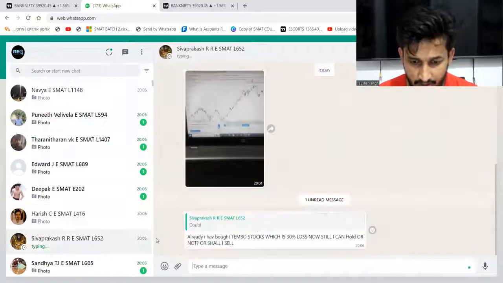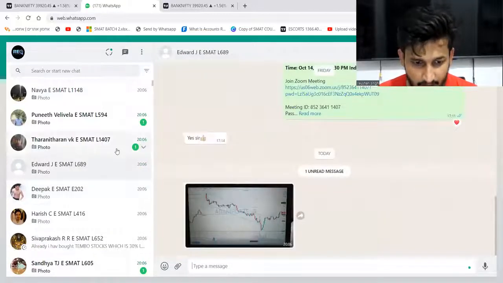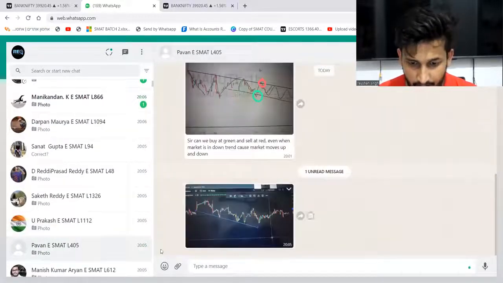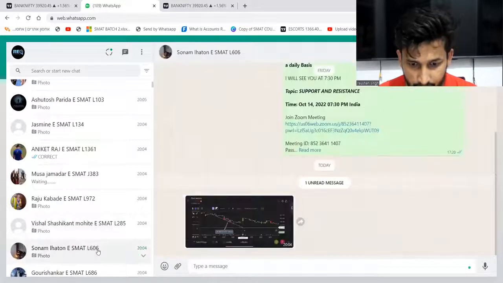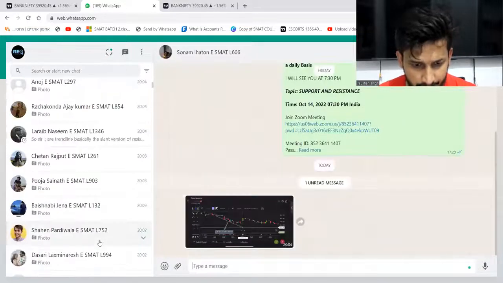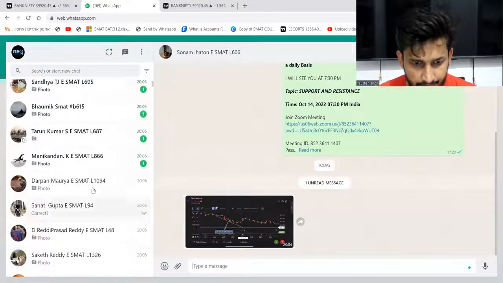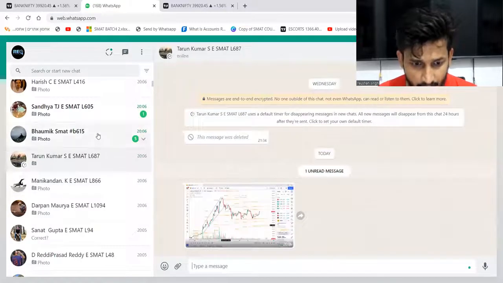Shiva Prakash, already have. Please ask this doubt after the class now. Pavan, correct. Sonam, correct. Manikandan, correct. Tarun, correct.